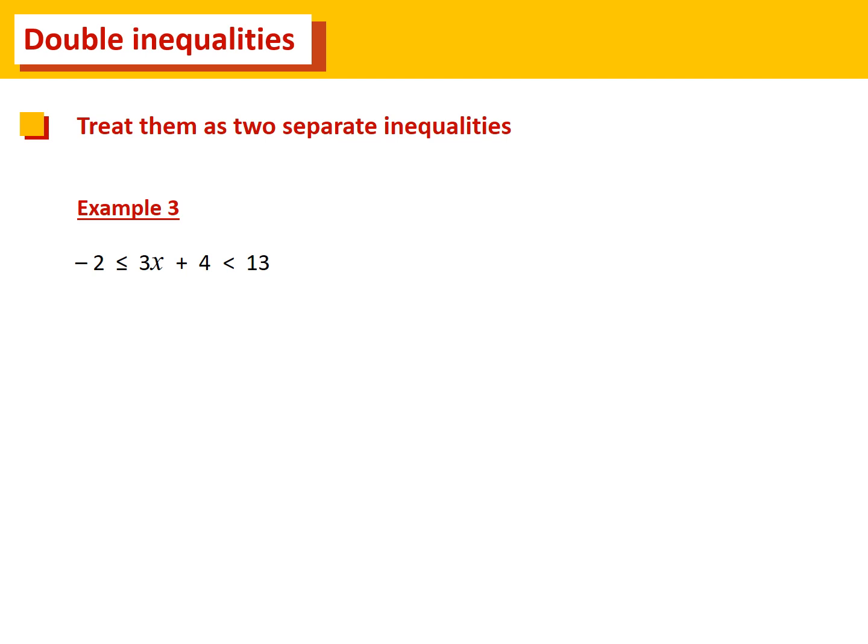Here in example 3, we've got a double inequality. So let's treat the left-hand side of that separately from the right-hand side. So when we treat that separately from the right-hand side, that's the inequality that we're solving.